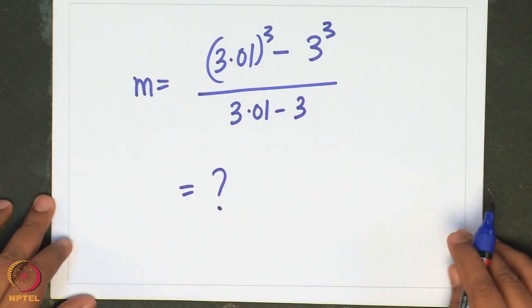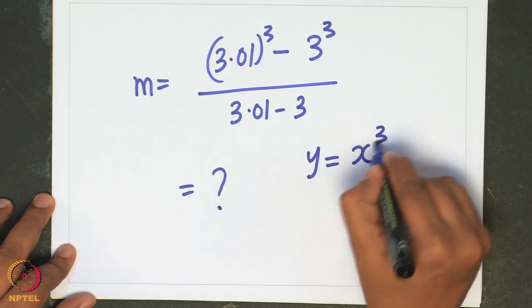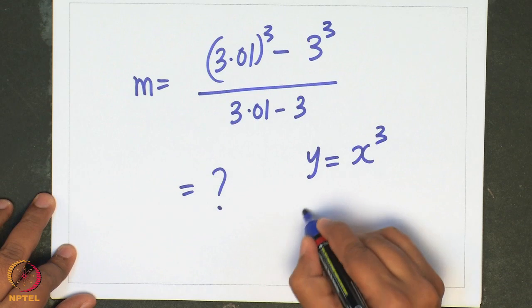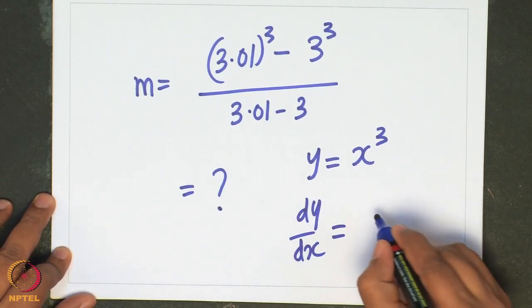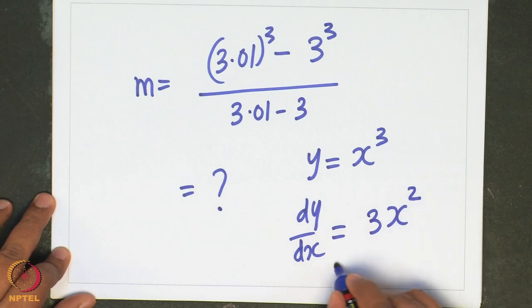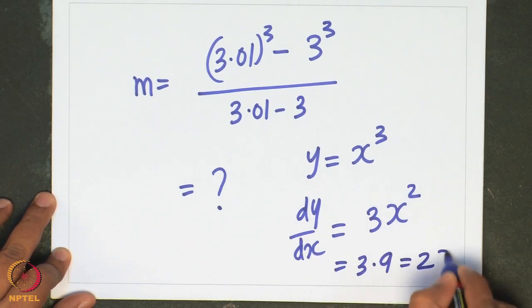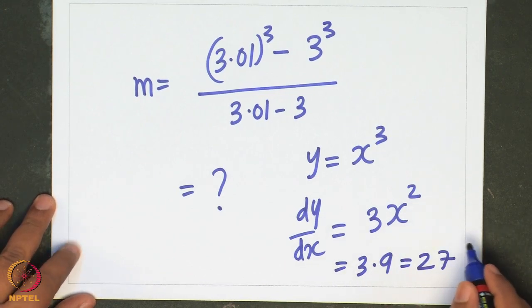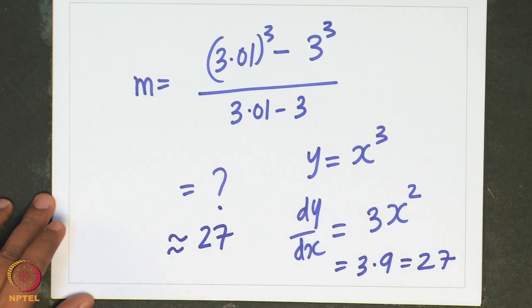I urge you to calculate, and it turns out that for the function y is equal to x cube, the derivative is 3x square. So if x is equal to 3, 3x square is 3 times 9, which is 27. So the answer will be close to 27.